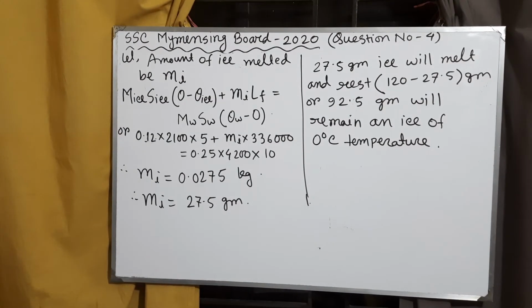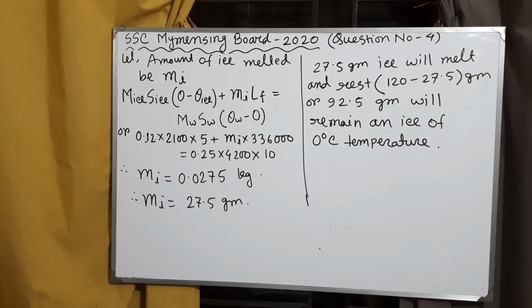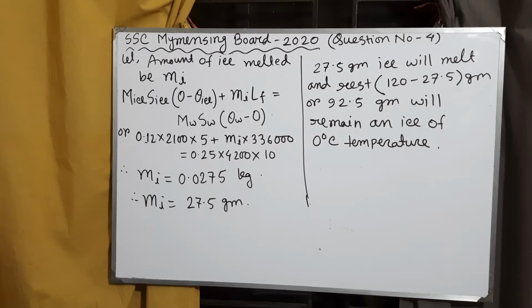So my dear boys, the negative value of theta indicates that the whole amount of ice will not melt. Only a portion of the ice will melt, and the temperature of the mixture will be 0 degree Celsius or centigrade.